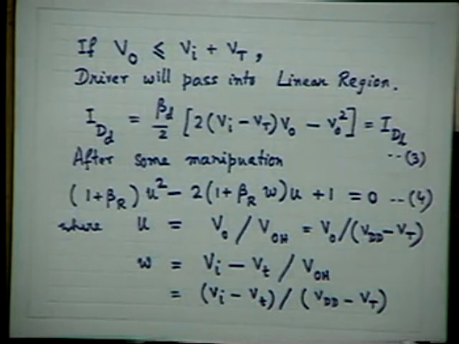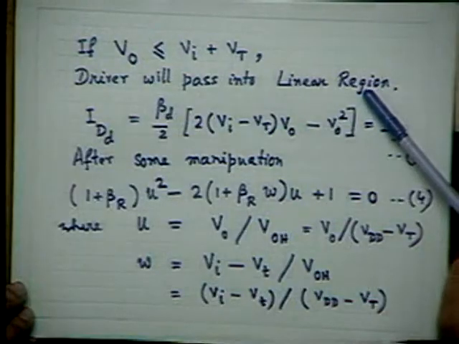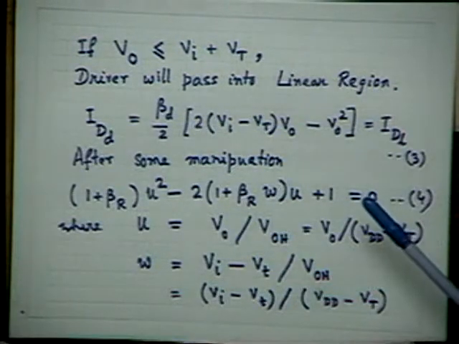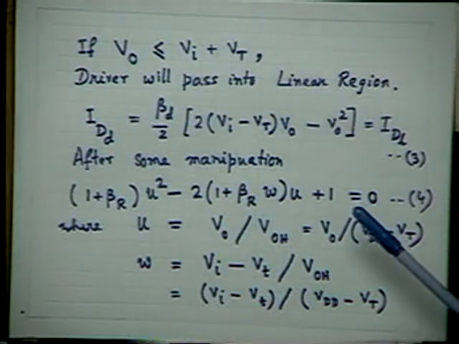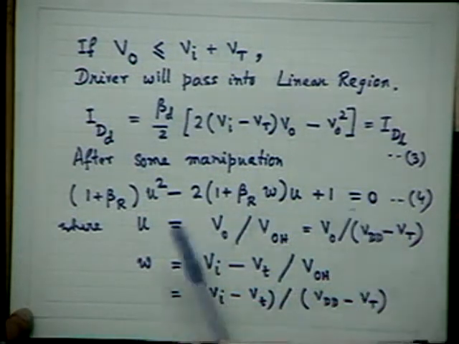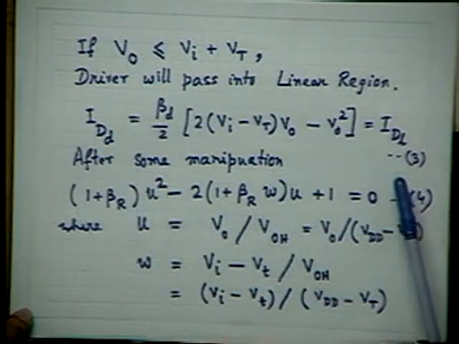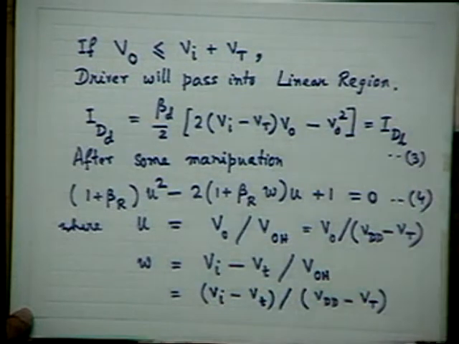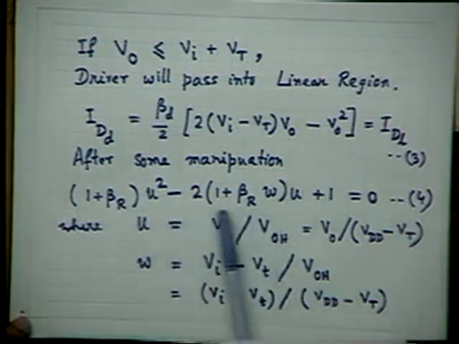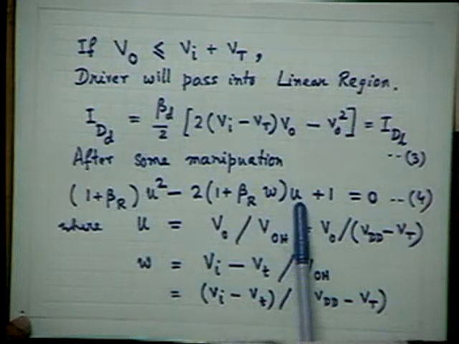So you see that in the second case, when the driver transistor passes into the linear region, the relationship is not that simple. It is now a quadratic equation, whereas in the other case, it was a simple linear equation. And you know that you have to solve this quadratic equation.